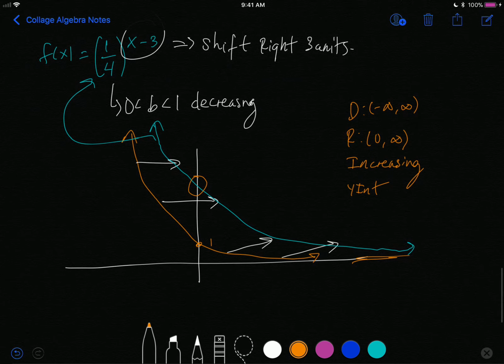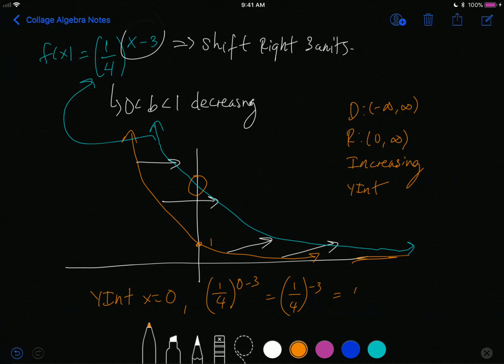Well, to find the y-intercept, I have to plug in x equals 0. And so this is going to be 1/4 raised to the 0 minus 3. Well, what's 0 minus 3? 0 minus 3 is just negative 3. Remember, the negative sign means a reciprocal.